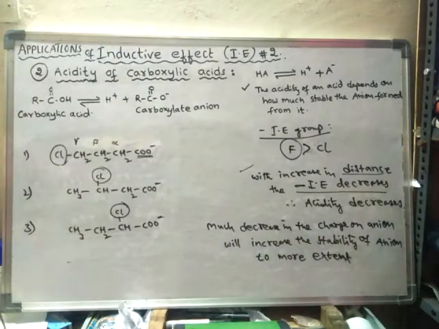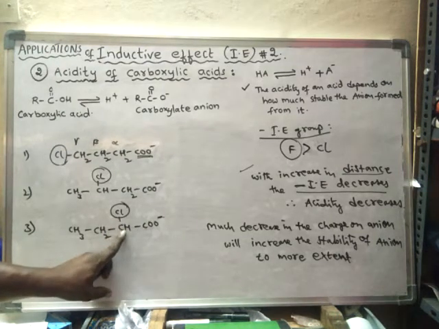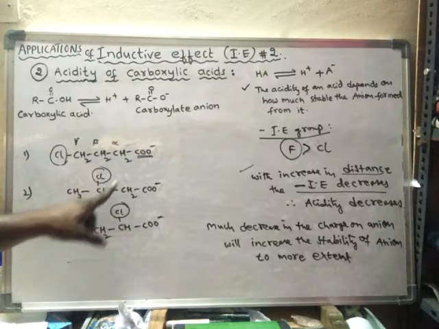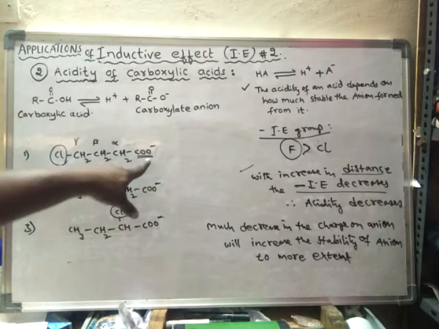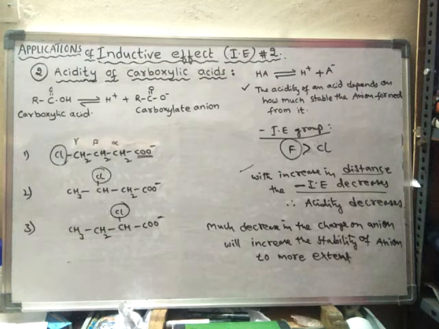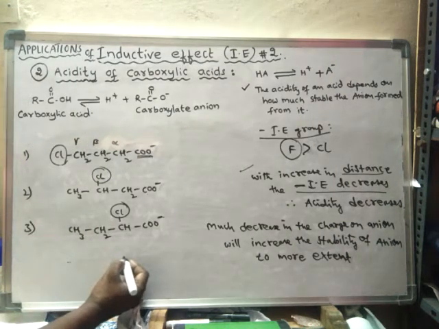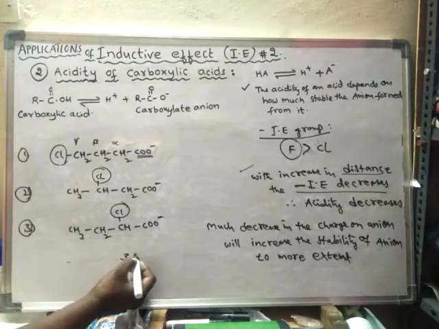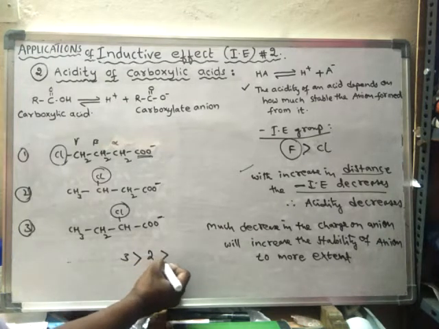So this anion is more stable because the minus IE group is very near. In this one it is somewhat farther, and in this it is far away from the anion part. So this is 3, this is 2, and this is 1. 3 is more stable than 2, and 2 is more stable than 1.